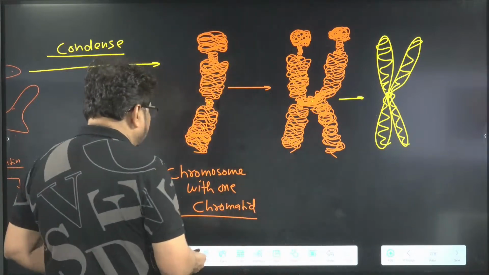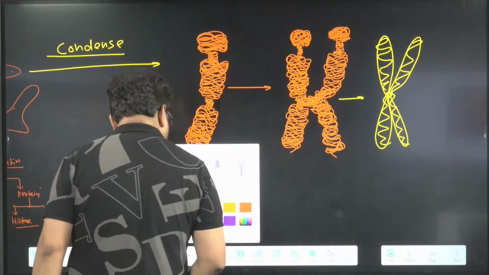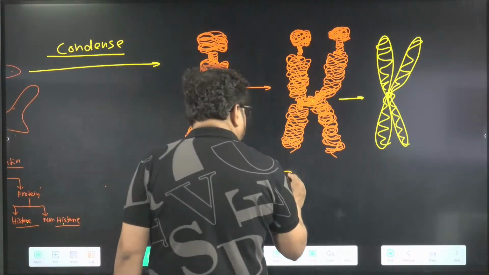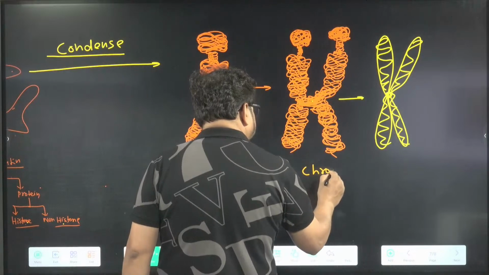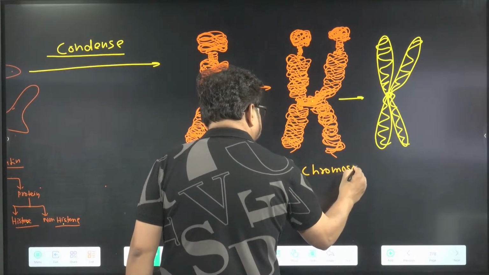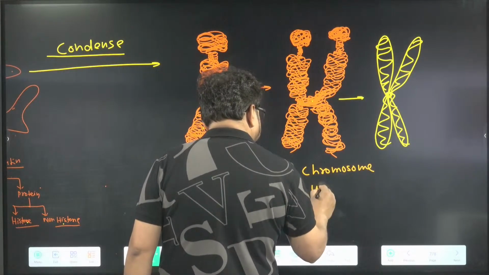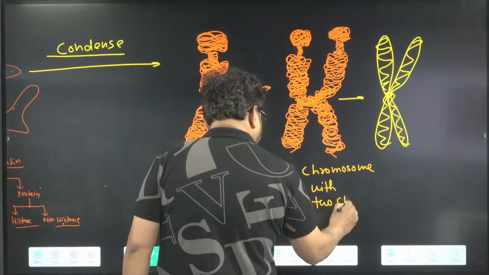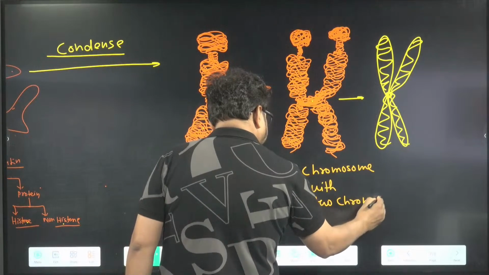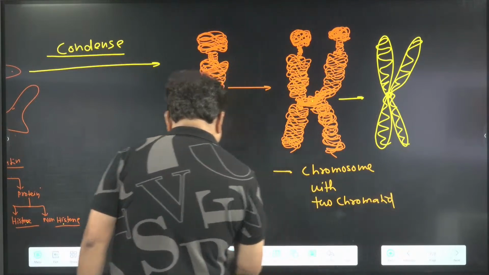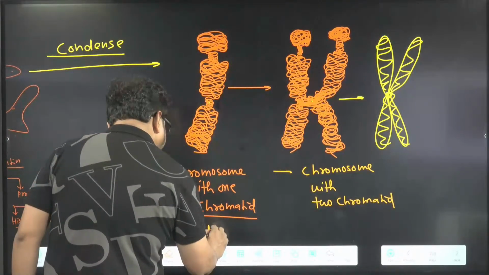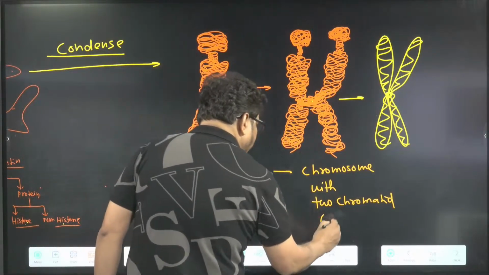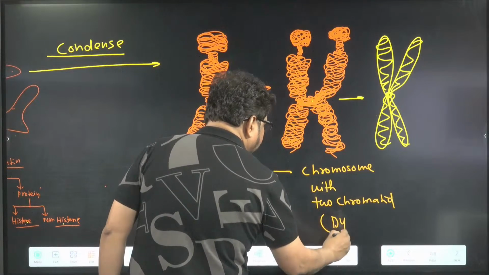So here, chromosome with how many chromatid is this? One chromatid, and this structure is what basically? Chromosome with two chromatid. So chromosome with one chromatid is called monad, and chromosome with two chromatid is called dyad.